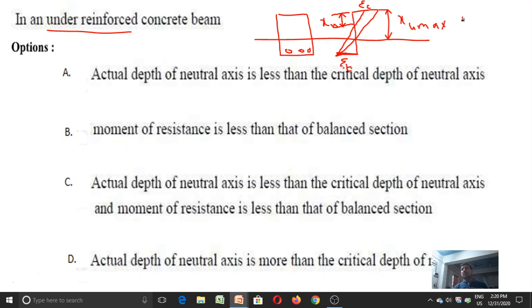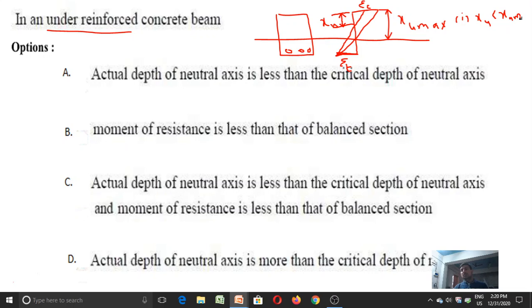So in these conditions, I will draw two or three points regarding an under reinforced section. For a section to be an under reinforced section, your actual depth of neutral axis XU must be less than the critical depth of neutral axis, or the maximum depth of neutral axis XU max.